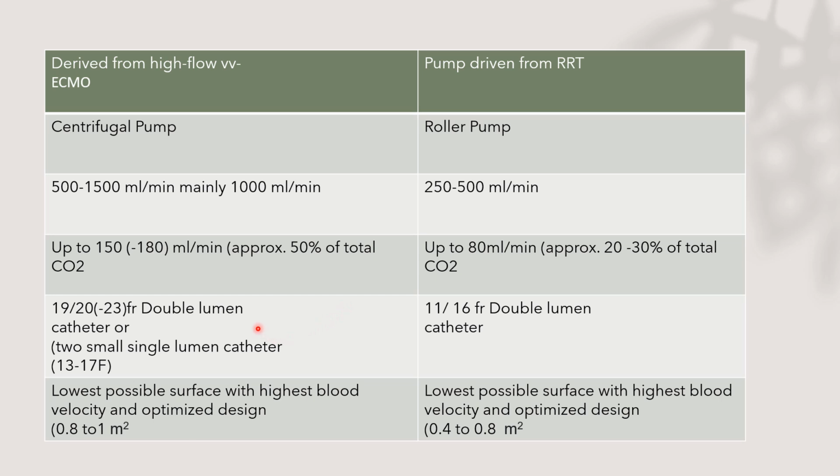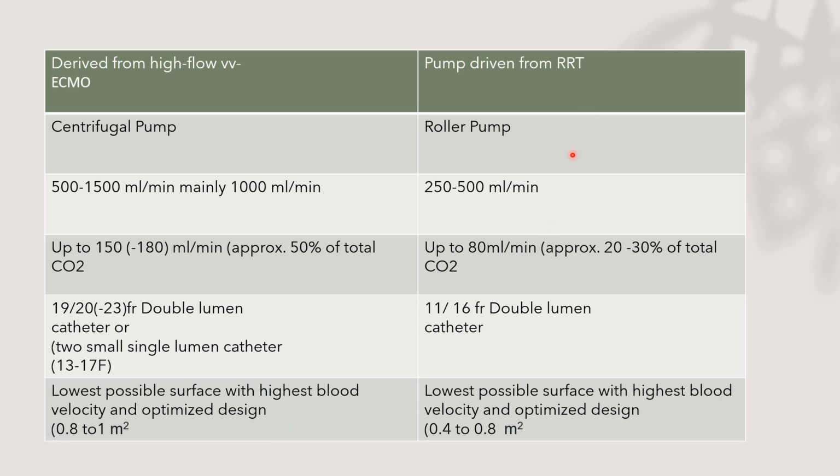The catheter used is a double lumen, 23 French catheter, or two small single lumen catheters of 13 to 15 French. With the lowest surface and the highest blood velocity with optimal design, the lung membrane is about 0.8 to 1 meter squared.